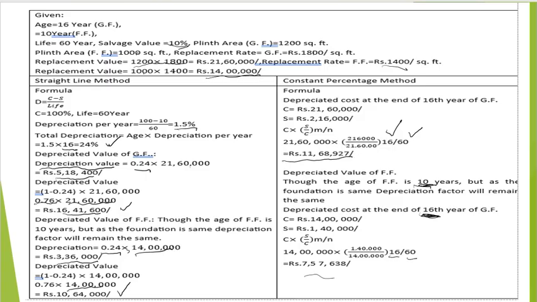It is 7 lakh 57,638. So see, compare these values. Here it is approximately 11 lakh 68,000, and the other value is 16 lakh 41,600, and the second is 7 lakh 57,000 and the other is 10 lakh 64,000. So both are not giving you the same values.